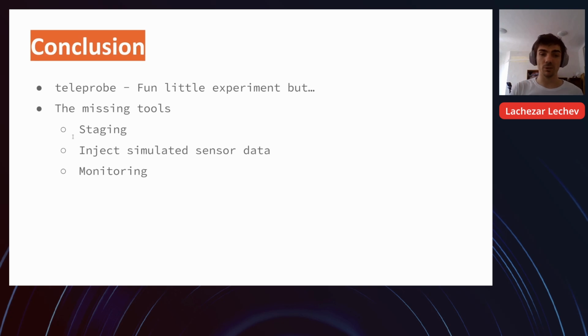Of course, that means that you somehow need to inject simulated sensor data. And last but not least, as we saw, you have to have some kind of monitoring system that checks it reacts as it should, or that every data point that you get from the monitoring is okay.